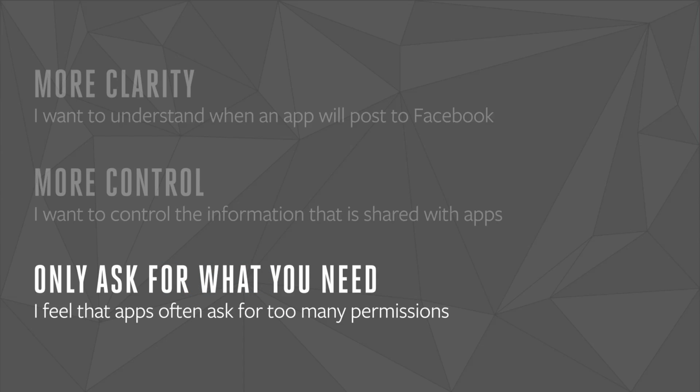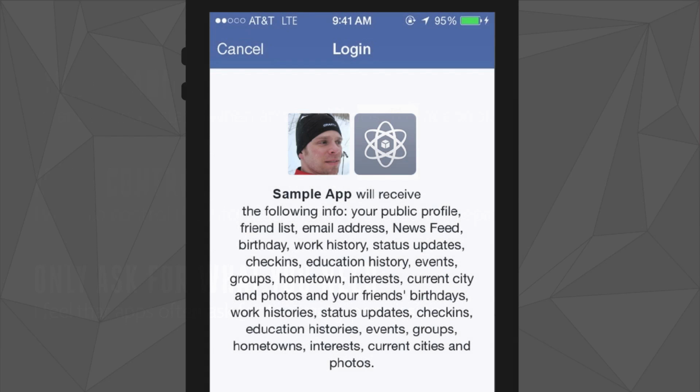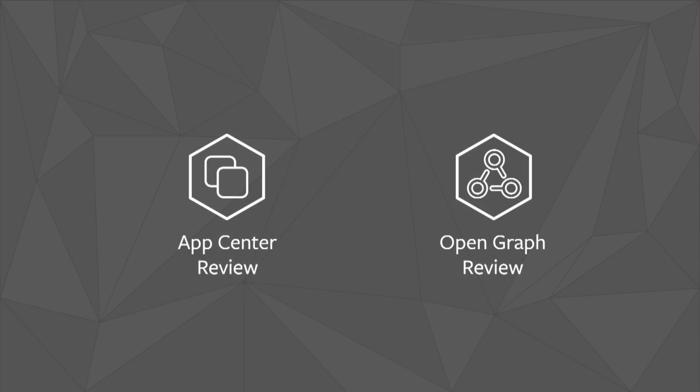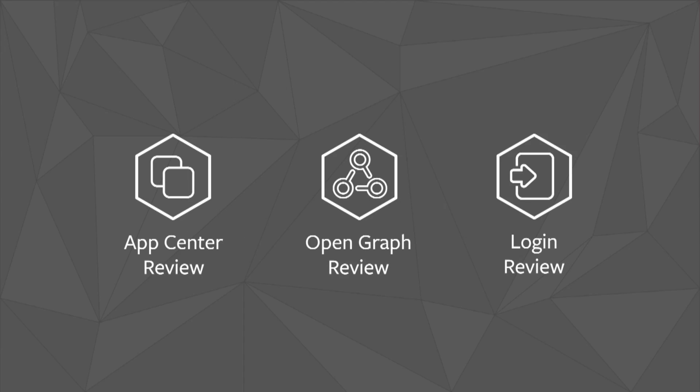The last concern people had was that apps ask for permissions that aren't necessary for the app to function. Here's the kind of thing people felt uncomfortable about. We've been running a review process for App Center and Open Graph for some time, so we've now extended this review process to cover Login as well.